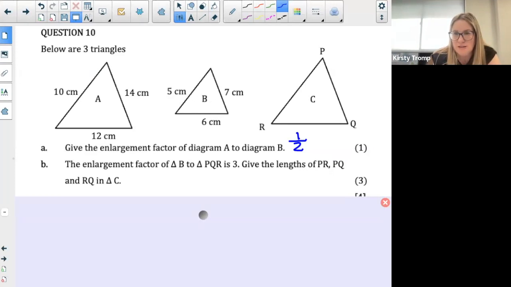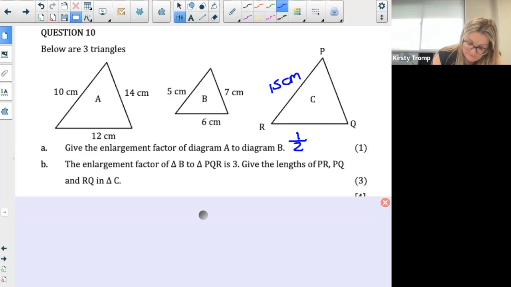All right, let's go Mulalo. Hi, ma'am. Mulalo, talk to me. What's the length of PR? Let's start with PR. The length of PR will be 15. Good. That's going to be 15 centimeters. What about PQ?